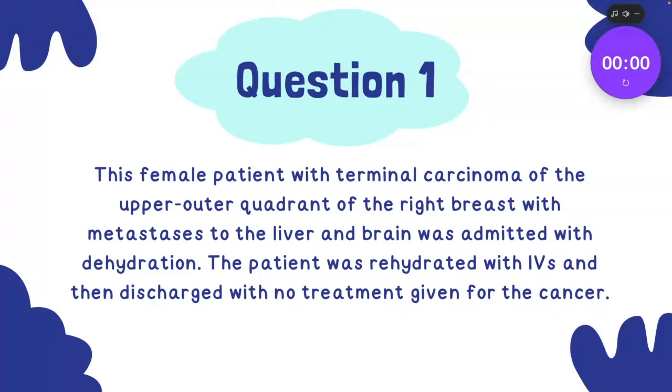In this particular case, that was the case. There was no treatment for the cancer, but we still are going to code it. Our patient had cancer of the right breast, which then metastasized, or spread, to the liver and the brain.